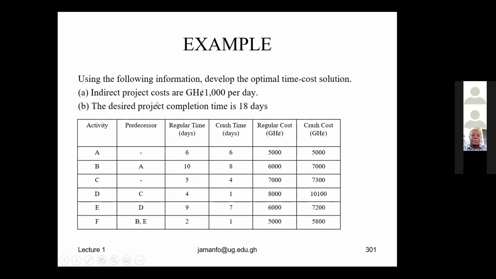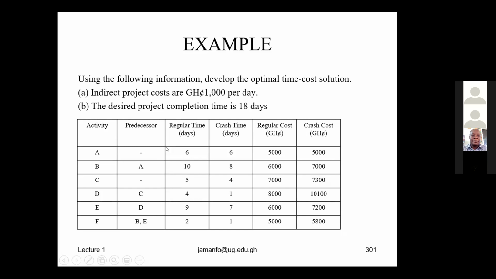Indirect project costs are 1,000 Ghana per day. 1,000 Ghana per day means that you cannot crash activities that, when you add costs, will go beyond 1,000 per day. Now, the desired project completion time is 18 days.